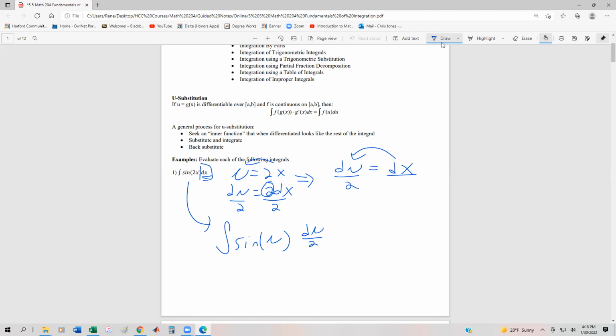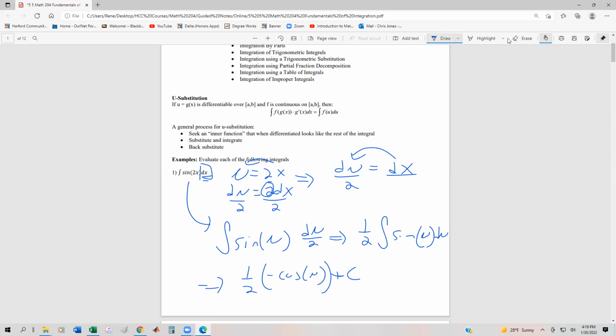Now we can factor out a half, and we're going to end up with 1/2 of the integral of sine u du. We know that the antiderivative of sine u is a negative cosine of u. So this is going to wind up being 1/2 times negative cos of u plus a constant of integration c.